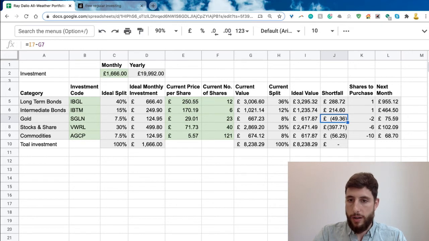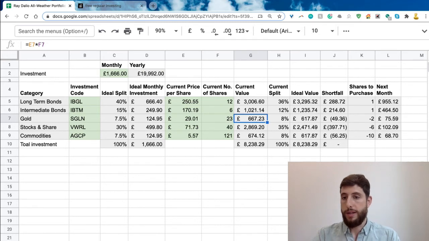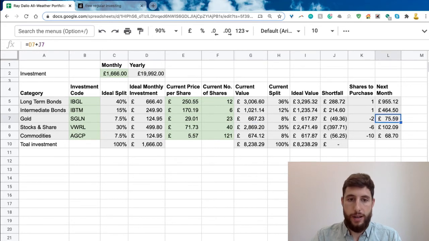Now this one, okay, is a negative shortfall. Ideal amount is 617, but we've got currently £667. So in this particular example, it's saying we actually want to reduce how much we're investing there. So what we could do is, next month, £75.